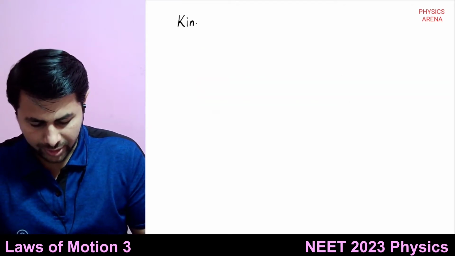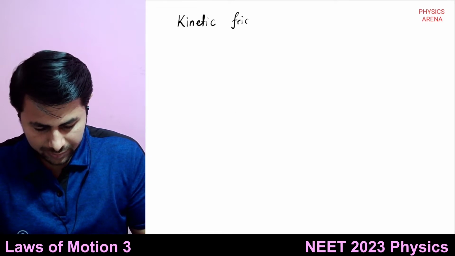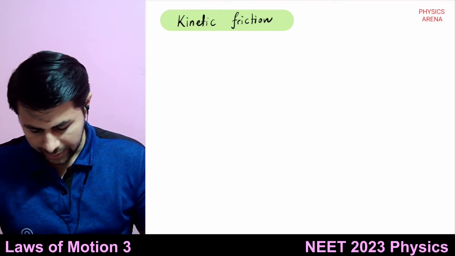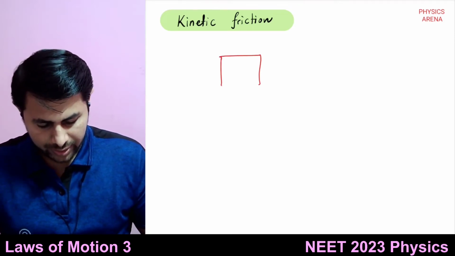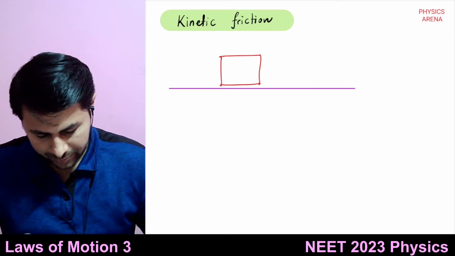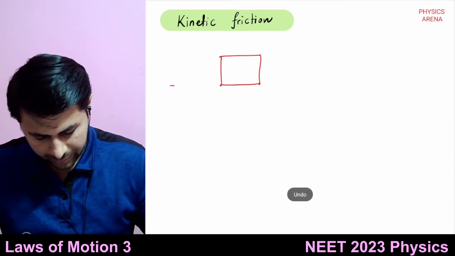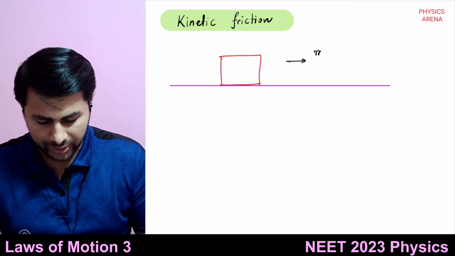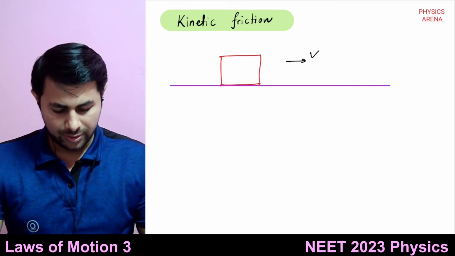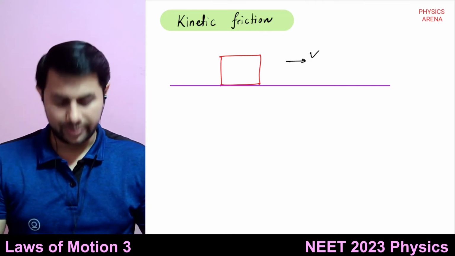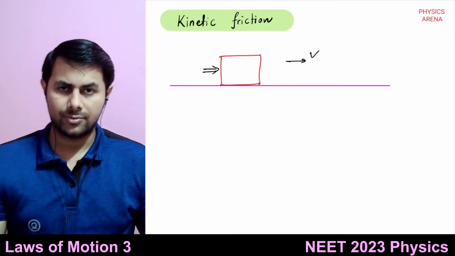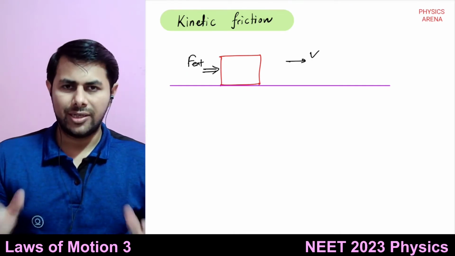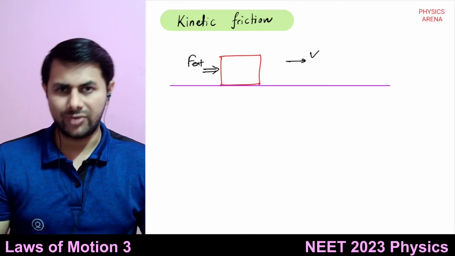Next, let's talk about kinetic friction. Let's suppose our block is moving on the floor with some velocity v. Still you need some external force, you need to keep on exerting some external force to keep this block moving with that constant velocity v.